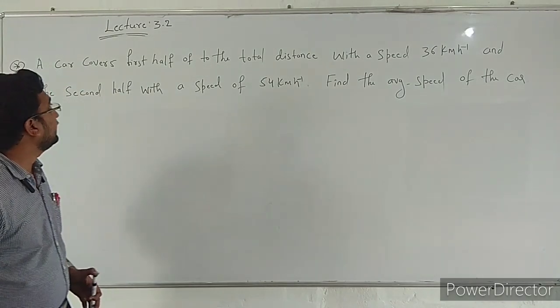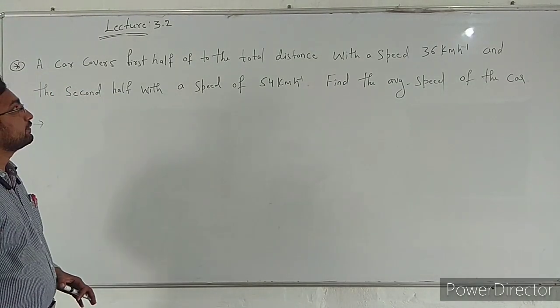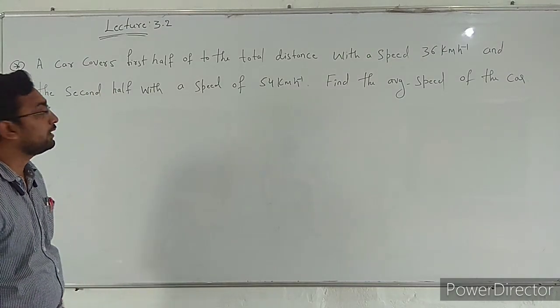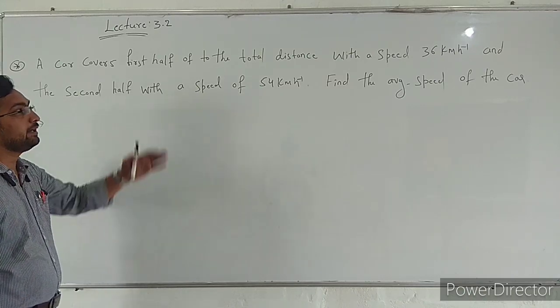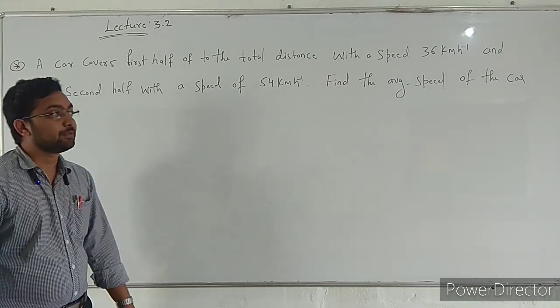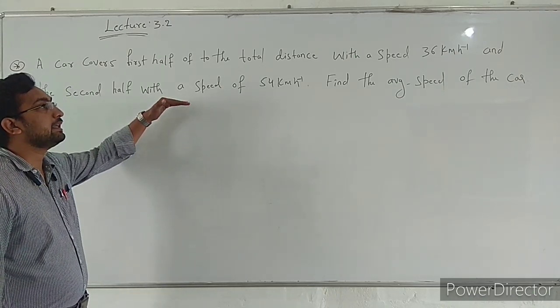Okay, let's see the problem. A car covers the first half of the distance with a speed of 36 km per hour and the second half with a speed of 54 km per hour. Find the average speed of the car. First identify which case is applicable.